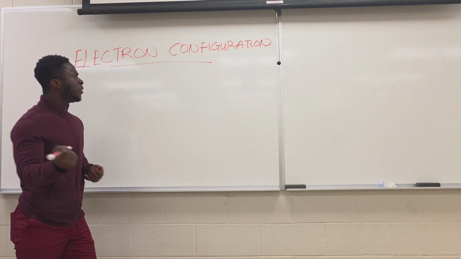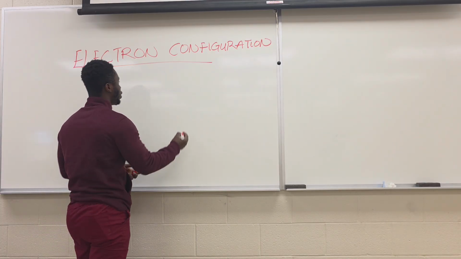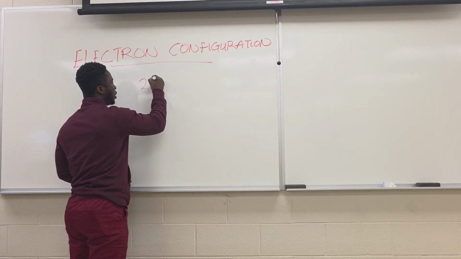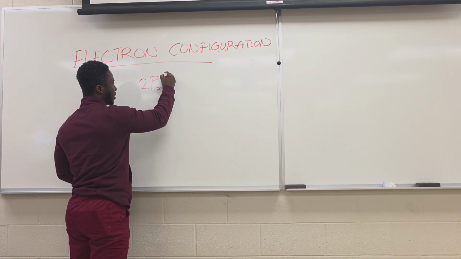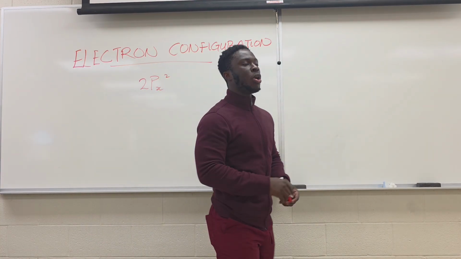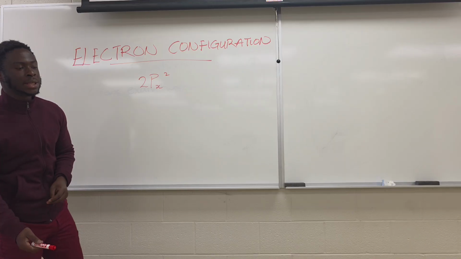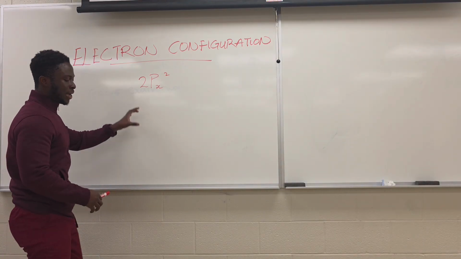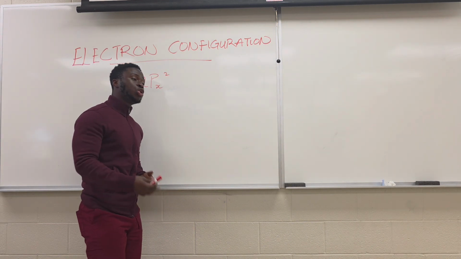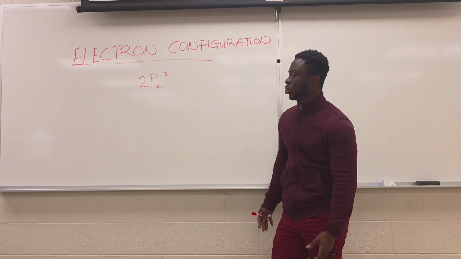Now, I know some of you are already familiar with electron configuration. If we have electron configuration and somewhere in there we have, say, 2px2 over here like this. Now, this is what we call spectroscopic notation, and this represents the exact address, or in quantum sense, the chance of finding an electron, right?